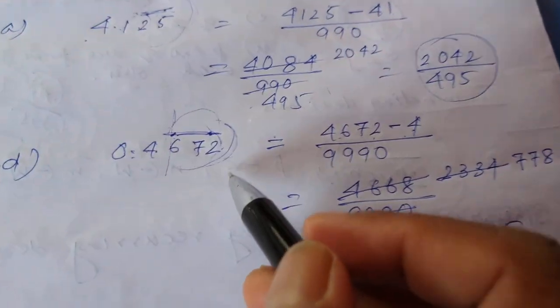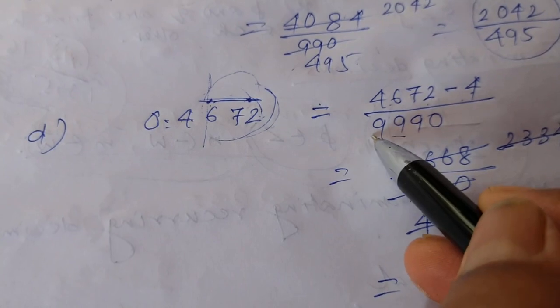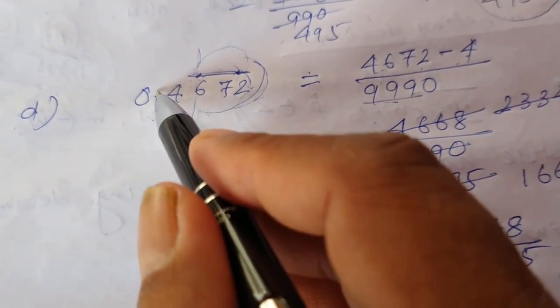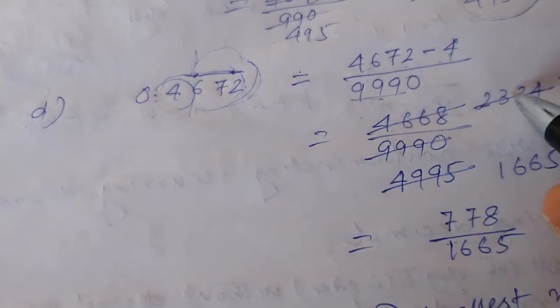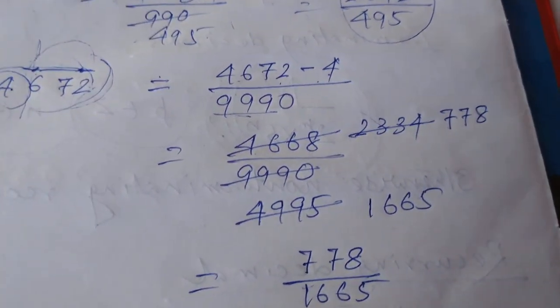Then how many digits are under the recurring decimal? 6, 7, 2, so 3 nines I have written. Then after the decimal, how many digits are not under the recurring decimal? Only 1. This 4 is not under the recurring decimal. So 1 zero.